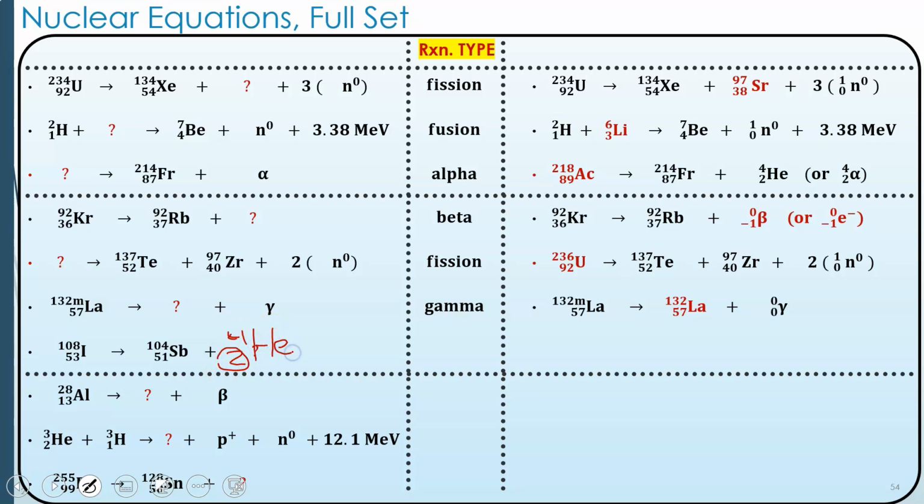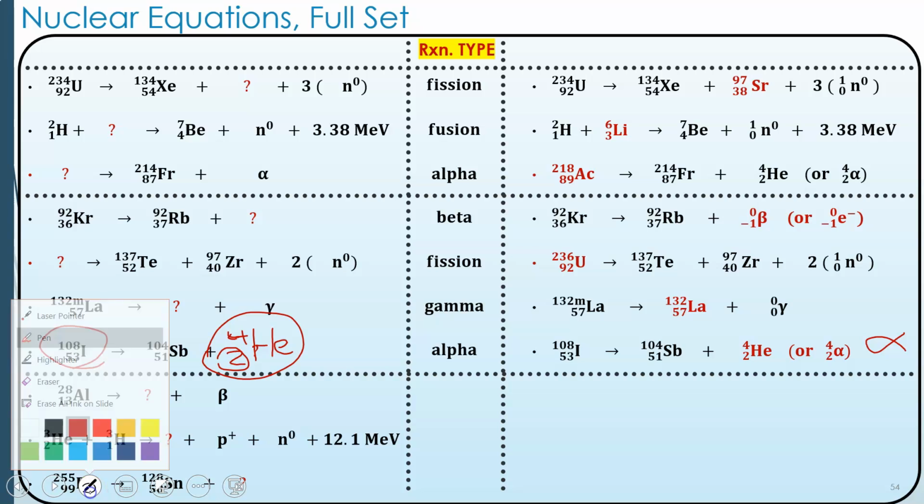So this is a helium-4 nucleus, and we can see that it's being split off from a larger nucleus, and we can write it as helium-4, or we can identify it as, in fact, an alpha particle. You can write just simply alpha, or you can write alpha with the 4 and the 2, or helium with the 4 and the 2. Any of those would be acceptable. This is an alpha decay.